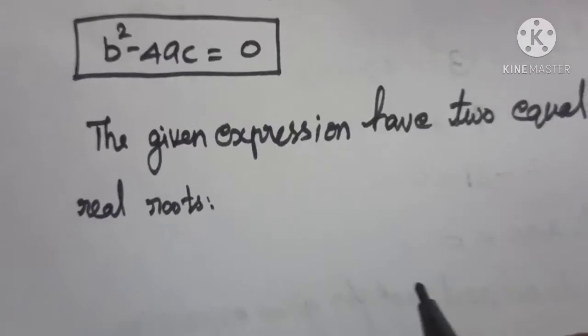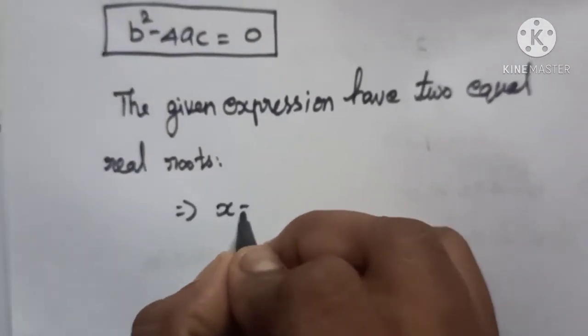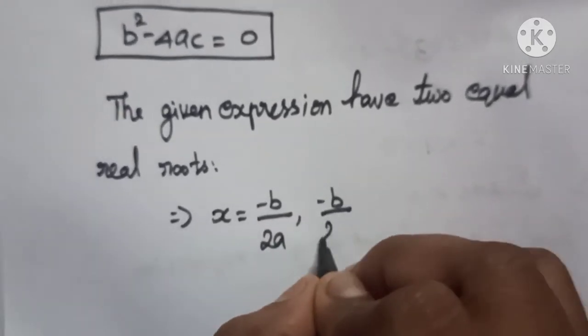So you already know that for two real roots, x is equal to minus b by 2a, comma, minus b by 2a.